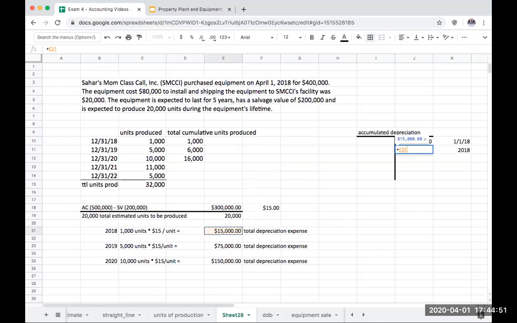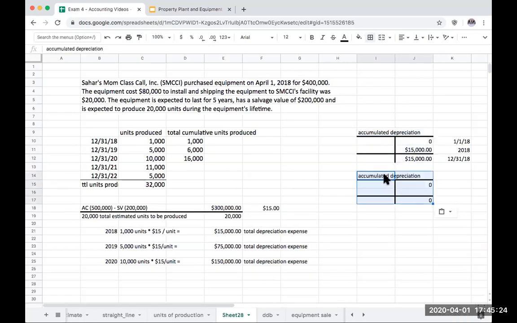So my ending balance as of December 31st, 2018 would be a total of $15,000. Remember that accumulated depreciation is a contra asset account, right? It's not going to get closed out to retained earnings. Our depreciation expense is a temporary account. It tells us what we used during the period, and that will get closed out to retained earnings.